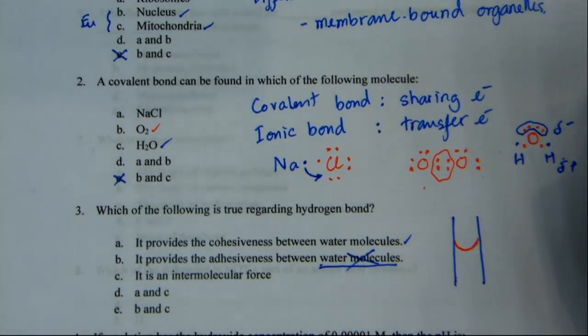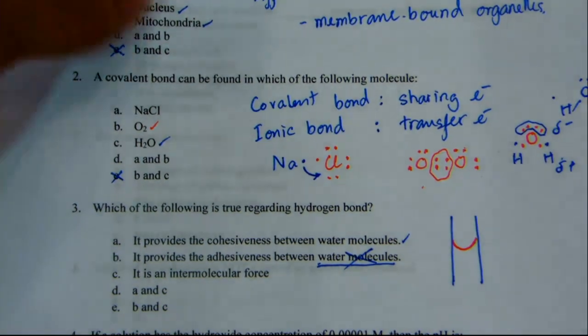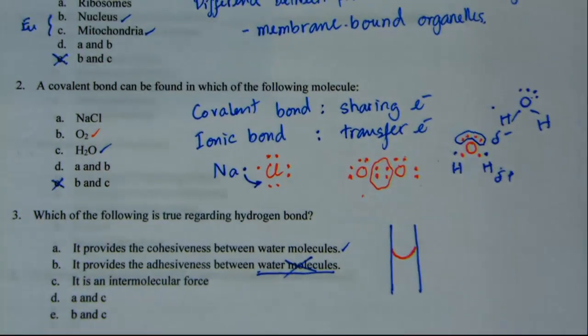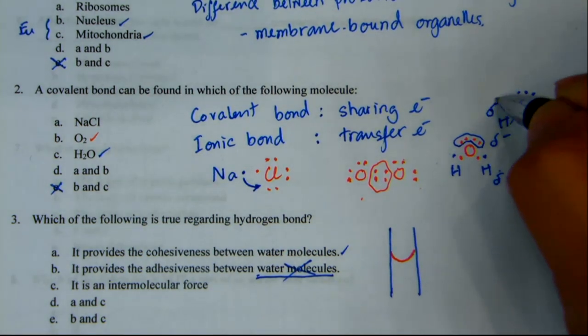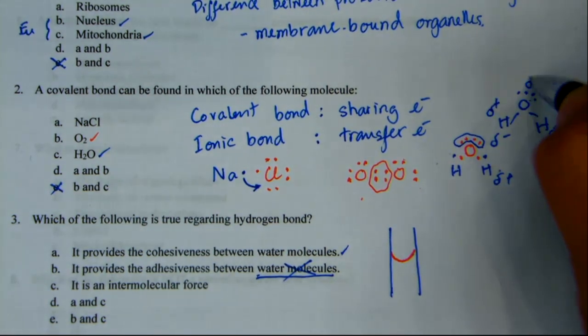If we have another OH like that, can you see it? Let me move it a little bit. This one will also be partially positive and partially negative.